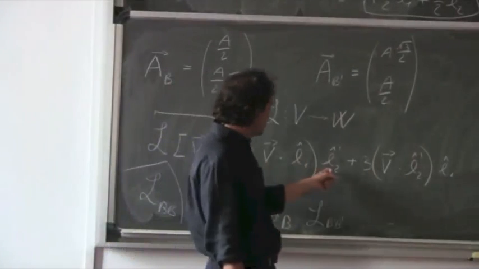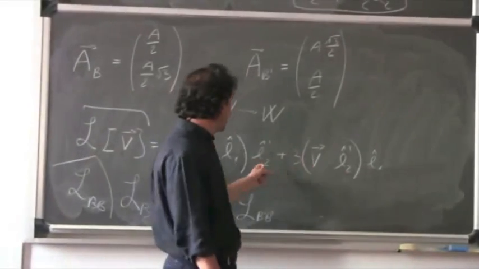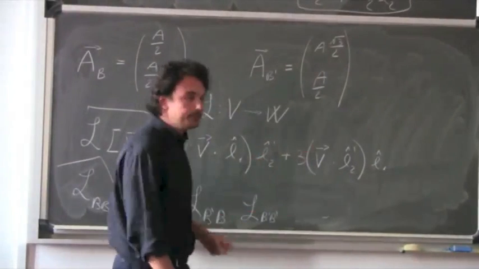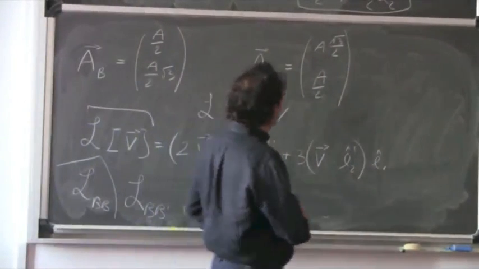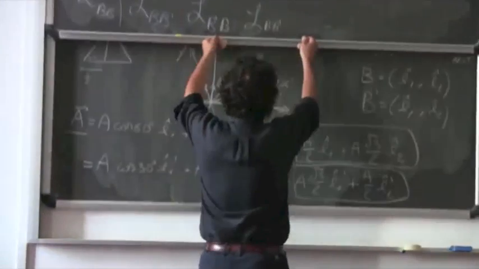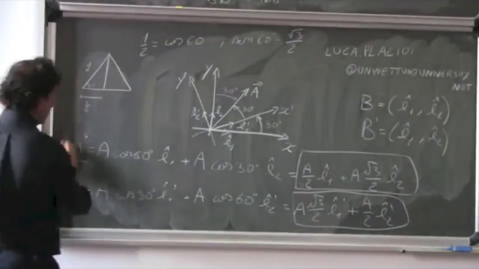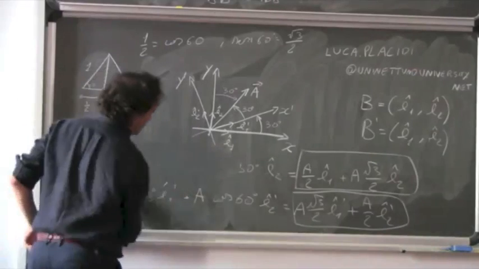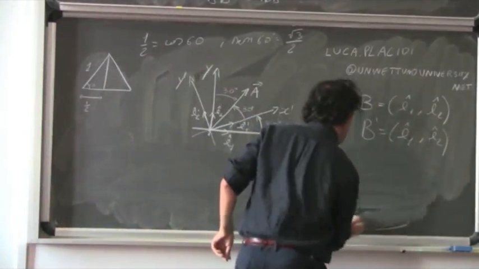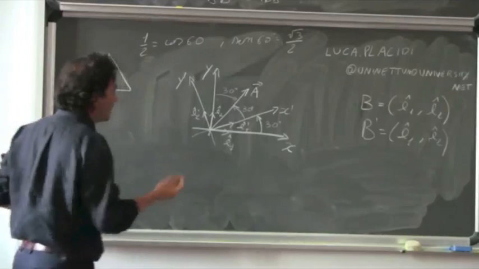So it is important now to say what is E2 prime with respect to E1 and E2. For example, one possibility is the following.